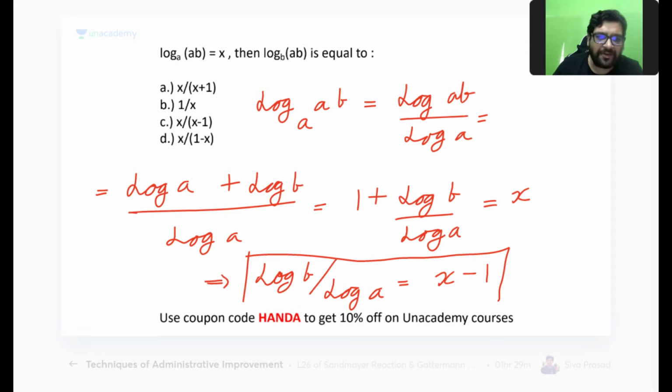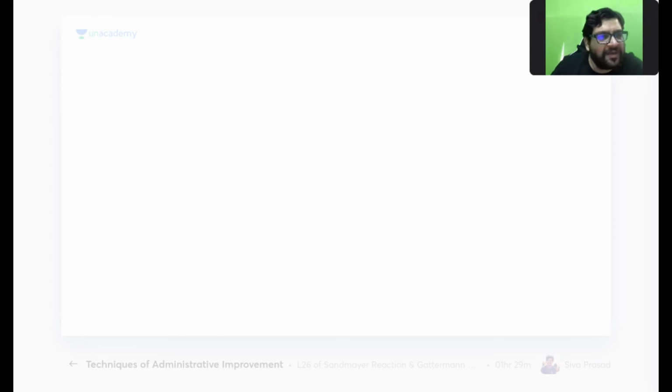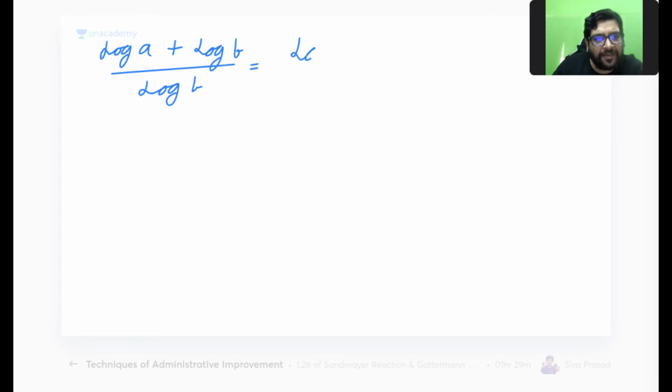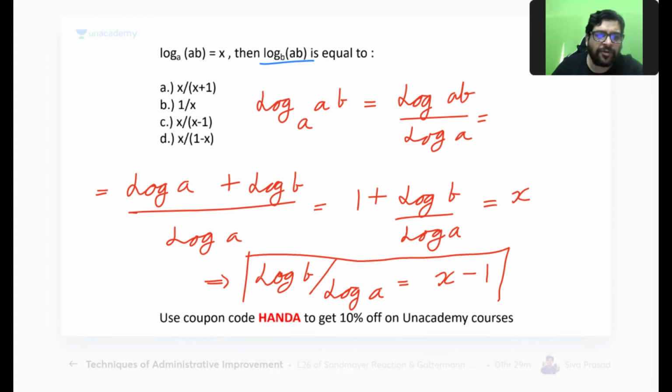The question is asking me to find out the value of log of AB to the base B, which means it is asking me to find out the value of log A plus log B by log B. So it is asking me for log A by log B plus 1. Now I know log B by log A is X minus 1.